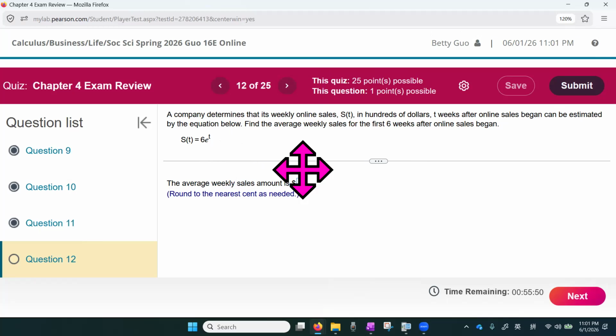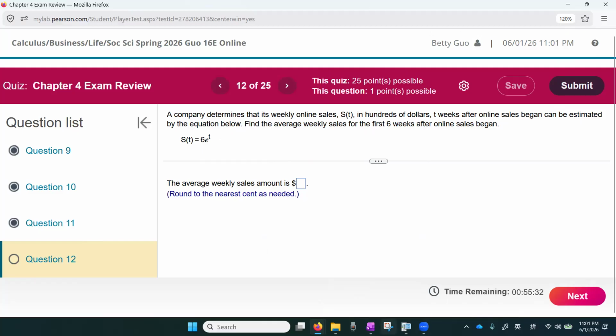This is the average weekly sales in this case. Weekly online sales S(t).